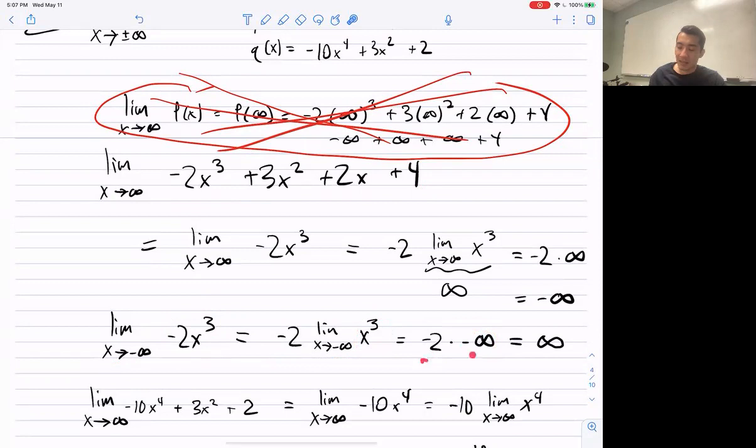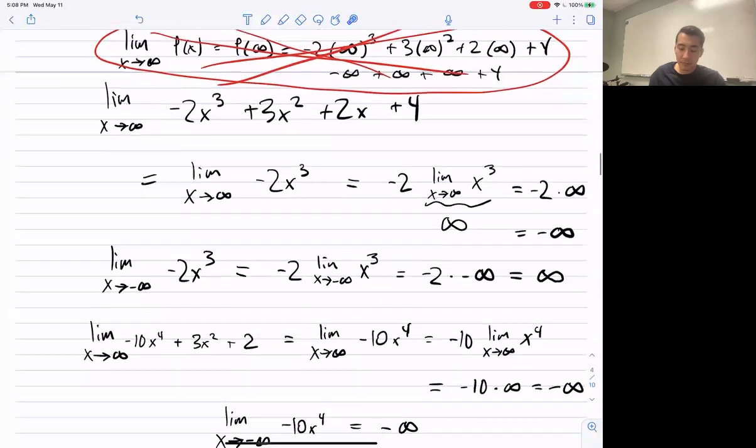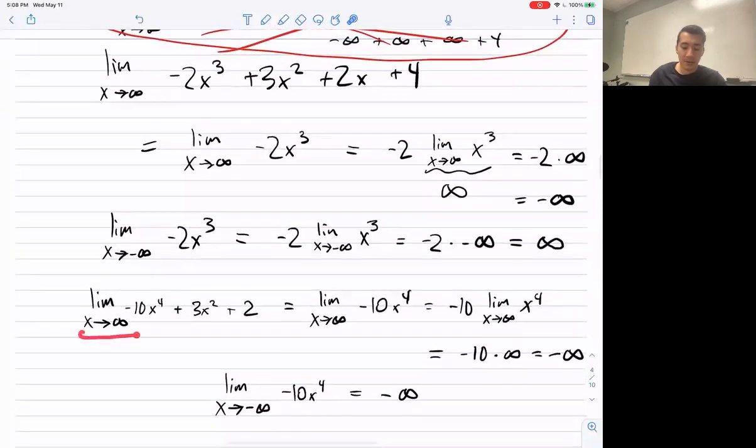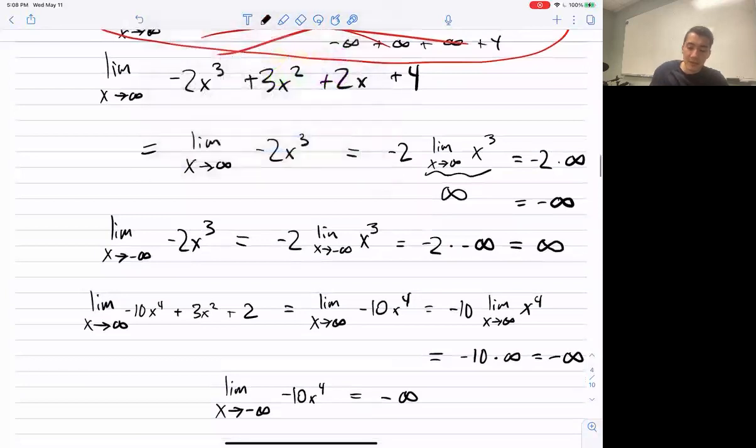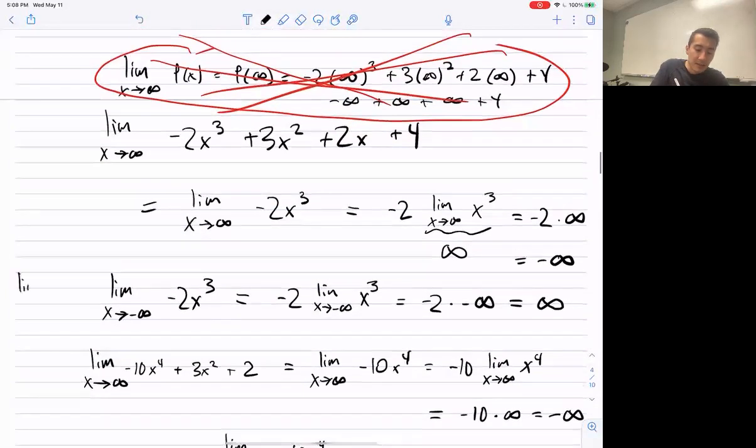And so it becomes negative times negative, so it becomes positive infinity. So this is the limit as x approaches negative infinity of p of x, that's that one. And this is the limit as x approaches infinity of p of x, that's that one.